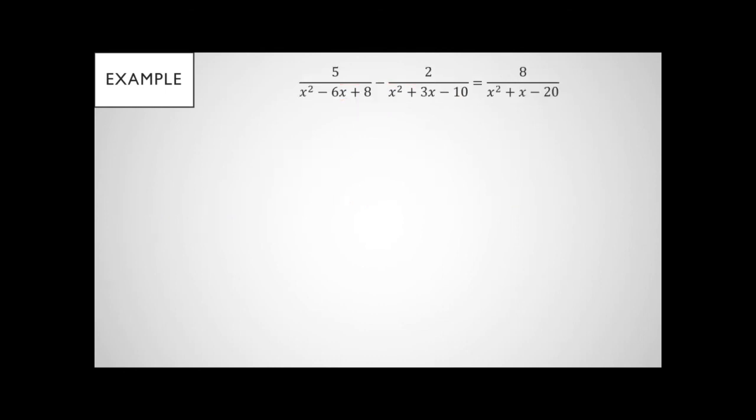Okay, last one here. We've got lots of quadratics, so we want to factor all of these. So anything here that's a quadratic, you want to factor. So I'm going to have 5 over x squared minus 6x plus 8.